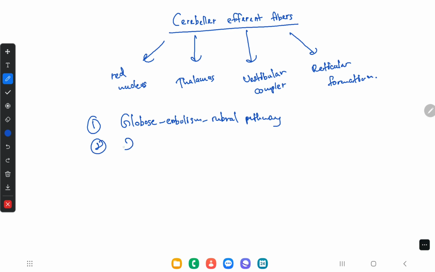Second one is the dentothalamic pathway. Third one is the fastigial vestibular pathway.